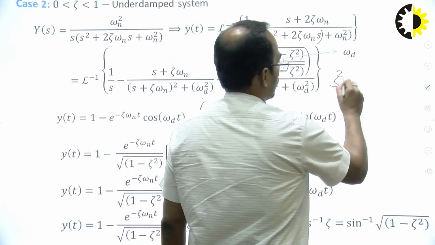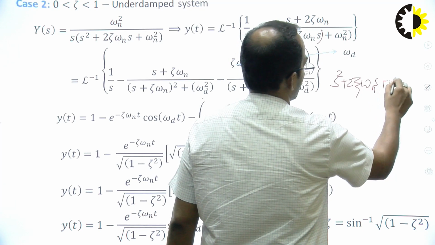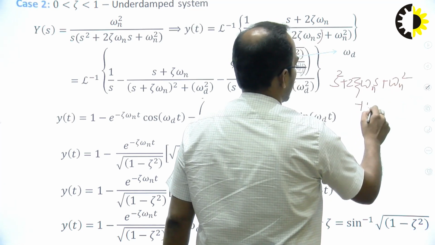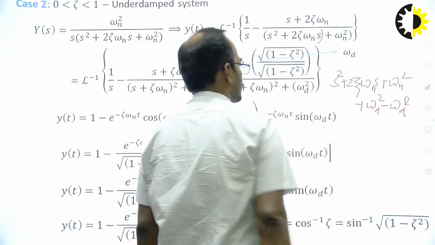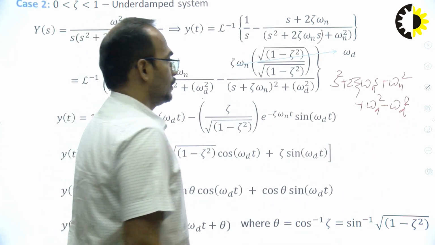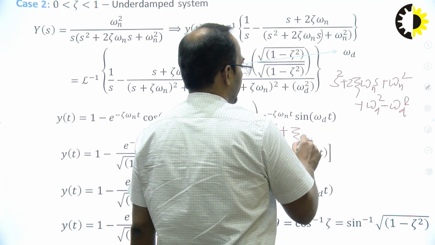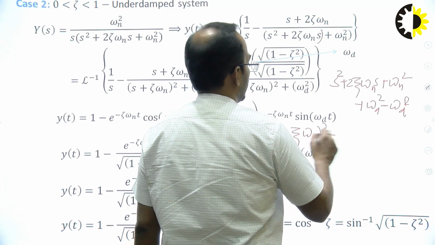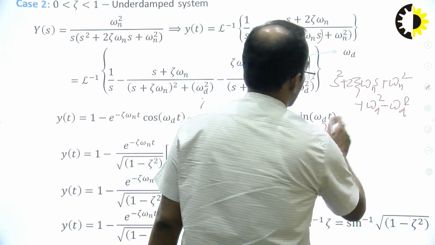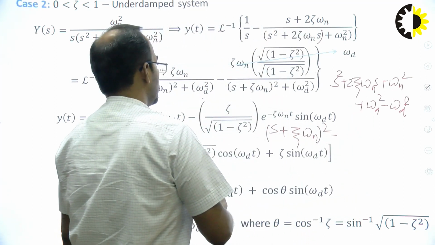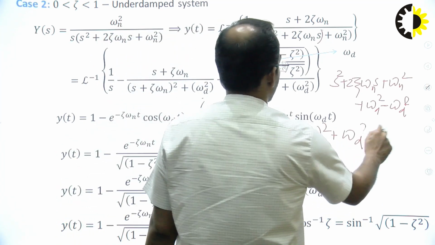See here, in s square plus 2 zeta omega n s plus omega n square, we are adding omega d square and subtracting omega d square. So what will I get here? (s plus zeta omega n) whole square plus omega d square.